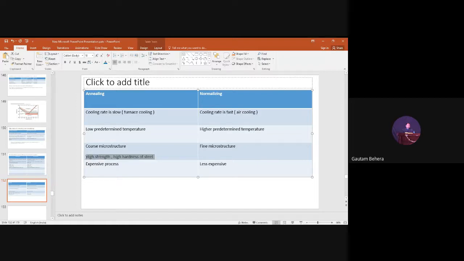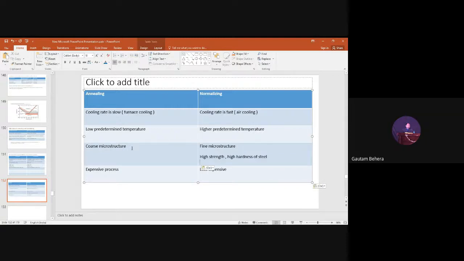Yes. Here it is high strength and high hardness of the steel. Here it is high ductility and low hardness and strength. So these are the main differences we have. Okay, so I'll end the topic here.